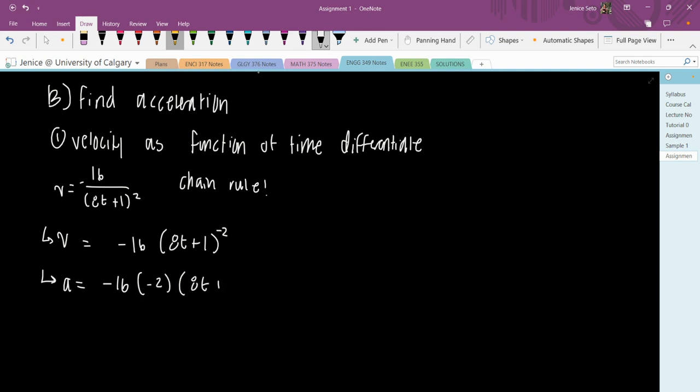We're going to take everything in the brackets, reduce the power by 1, and multiply by the derivative of what's in the brackets. So this is going to give us an answer of a is equal to 256 over (8t plus 1) cubed. And there is our answer there.